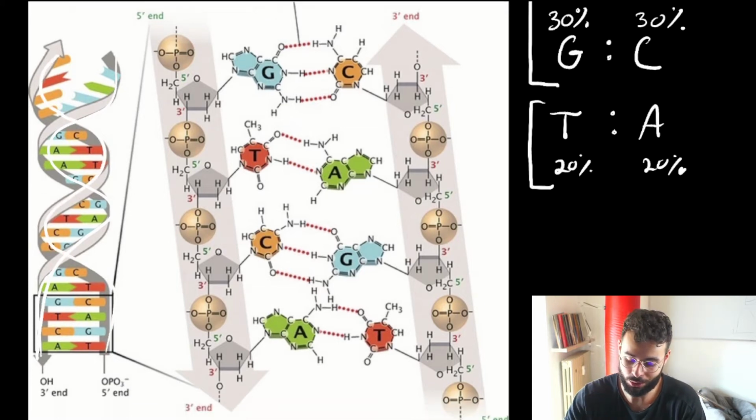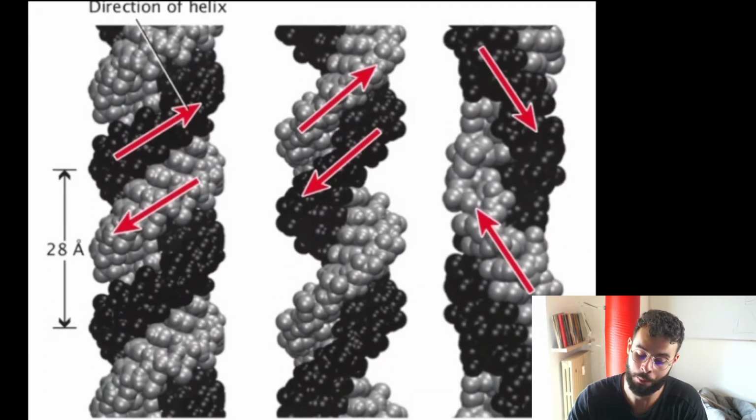And I'm sure you know the double helix picture from many different movies and from general knowledge. So the following structure is the double helix of the DNA, of our genetic material.